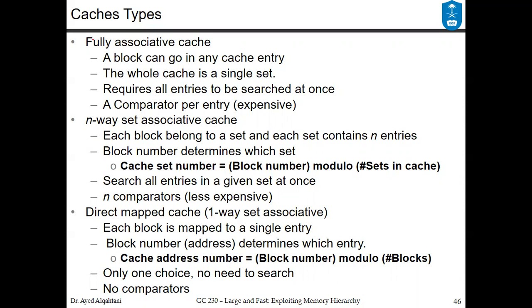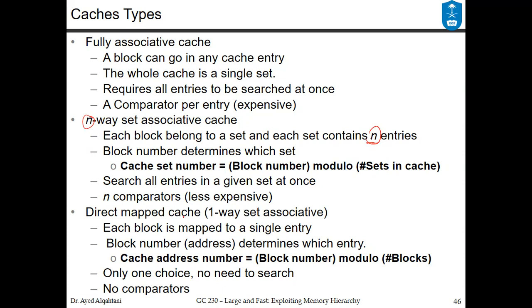Now, in the fully associative cache, a block can go in any cache entry. In the n-way set associative cache, each block belongs to a certain set, and each set contains only n entries based on what you assumed.